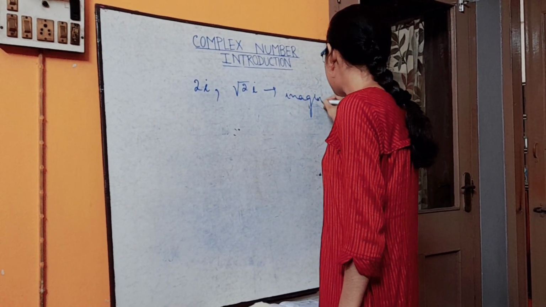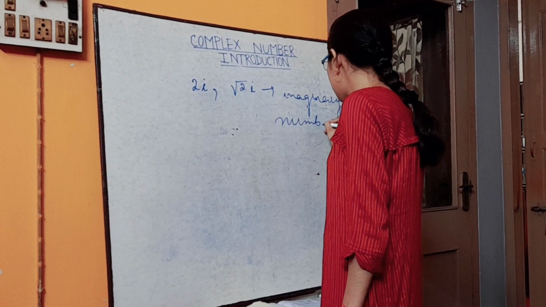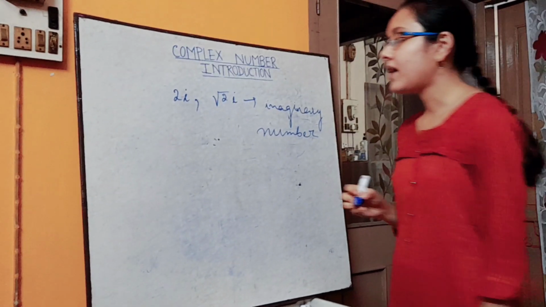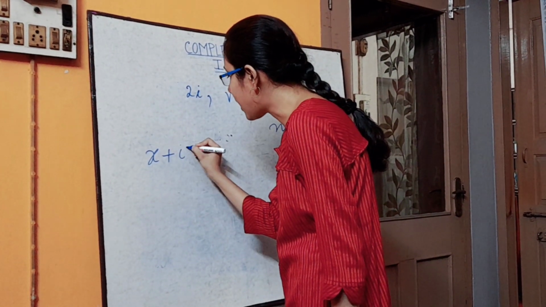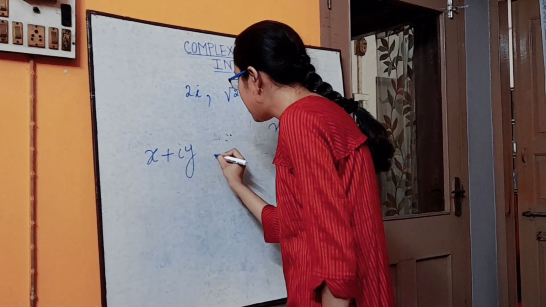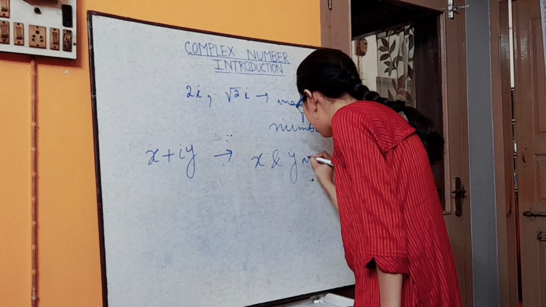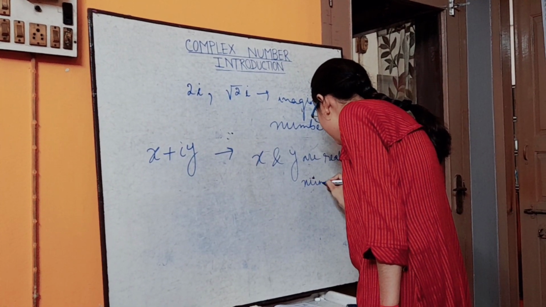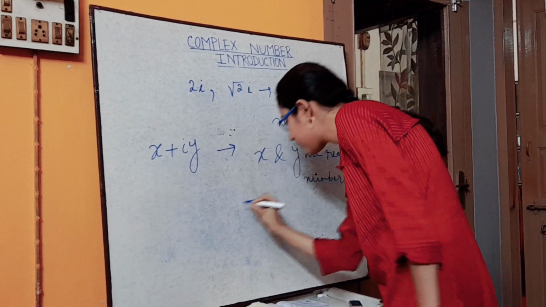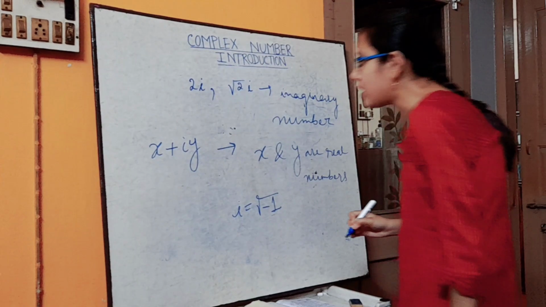Now we will define a complex number. A complex number is a number of the form x plus iota y, where x and y are real numbers and iota is equal to root over -1.